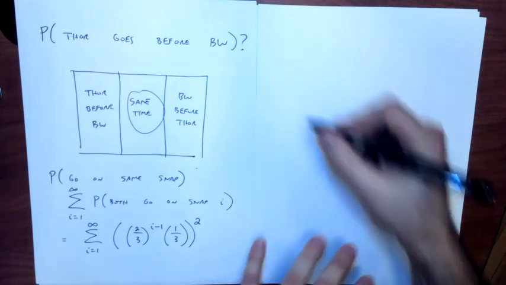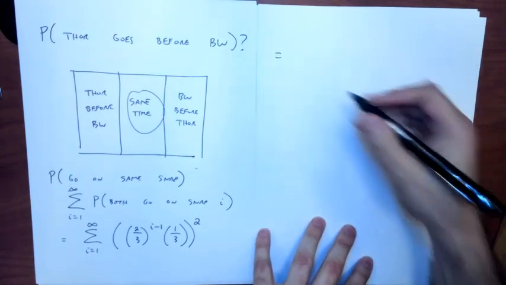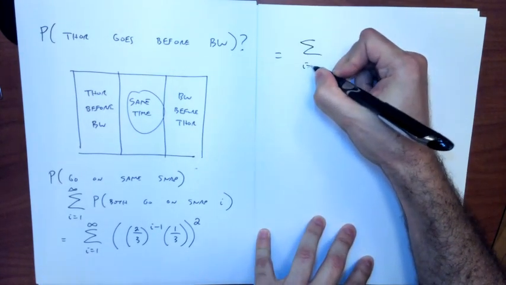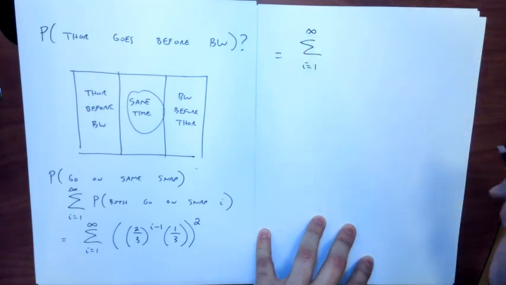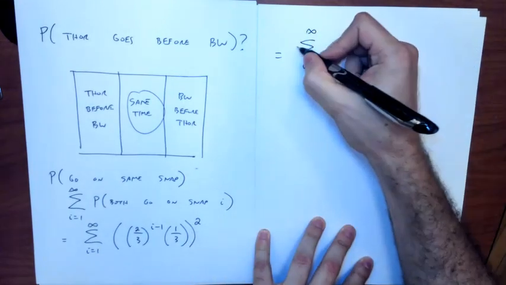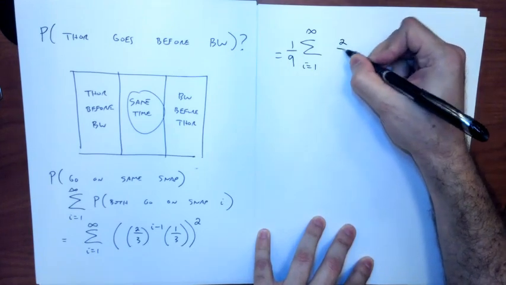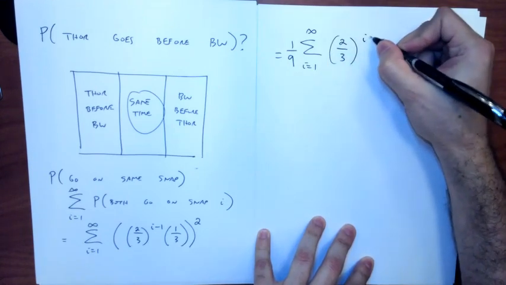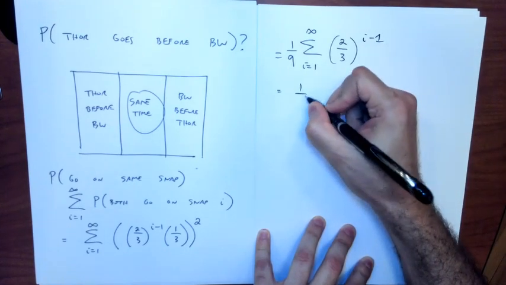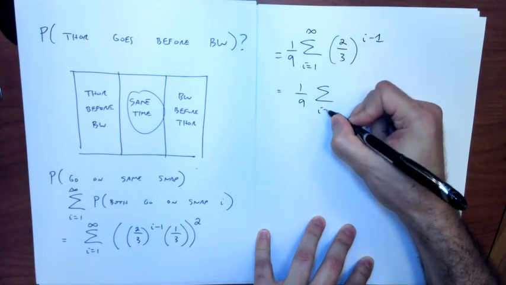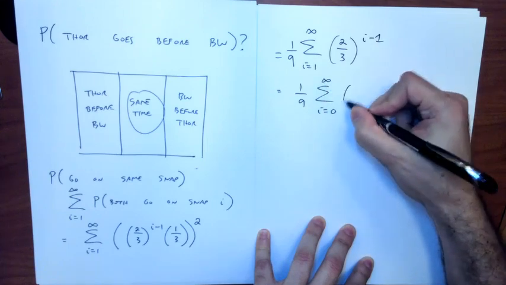So let's work out what this number is. It looks kind of messy, but it's not that bad. I have the sum from i equals 1 to infinity. I'm going to bring out this 1/9, which is 1/3 squared, and then I have (2/3)^(i-1), and I can renumber this to be from i equals 0 to infinity.